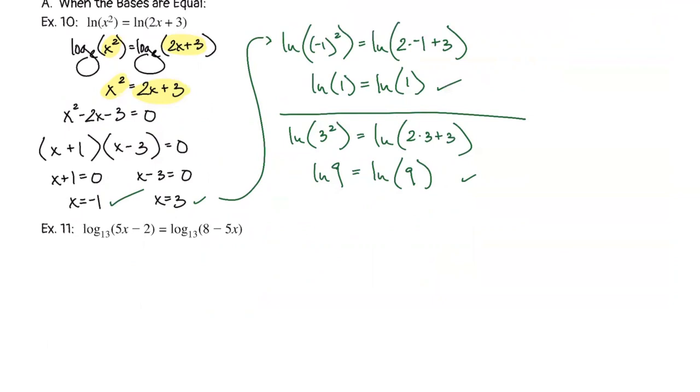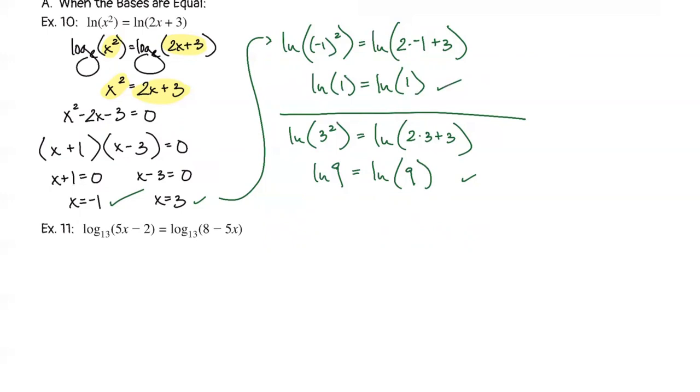Can you explain why? Yeah, that one-to-one property, right? But could I cancel them if I had log base 13 on one side and then log base 12 on the other side?